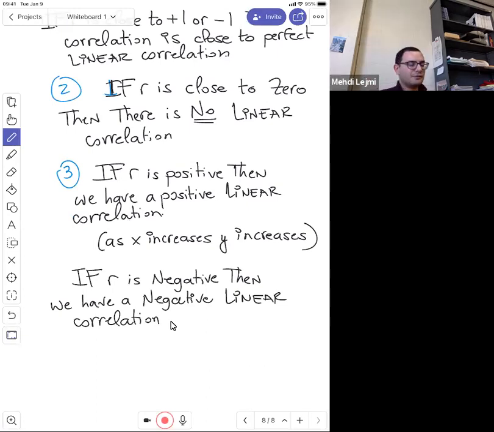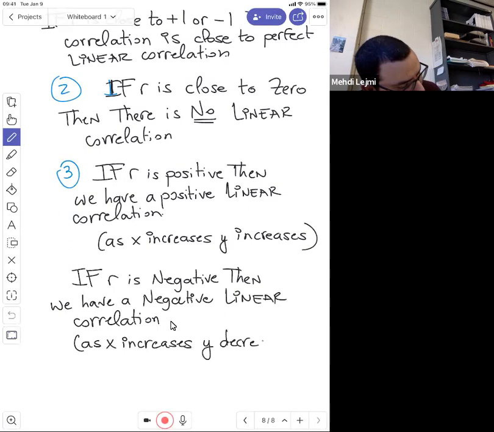If your data resembles a line, then your line is going to go down. So as x increases, y decreases.